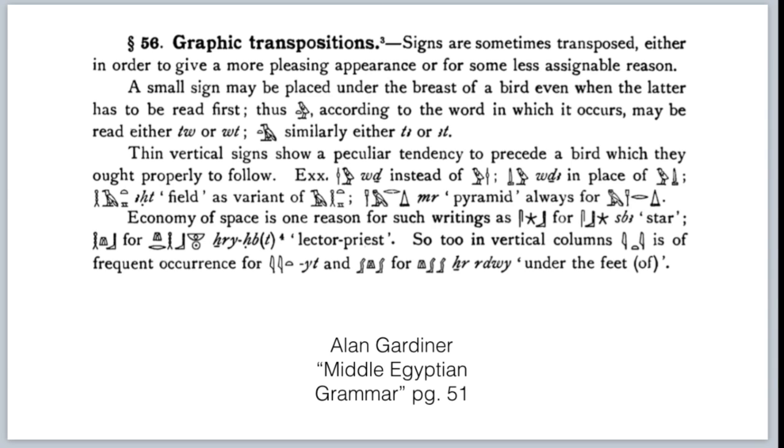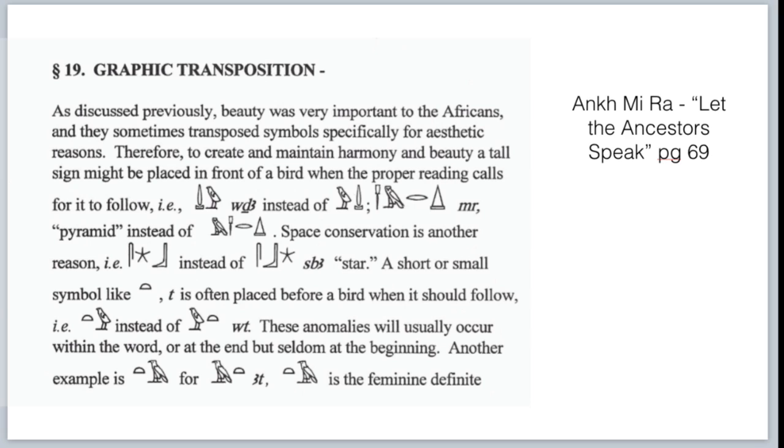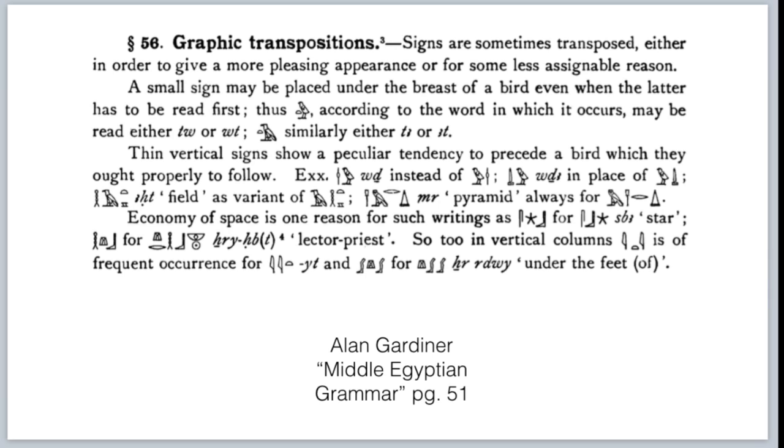And I'm doing this because of the people who always try to pull the social constructed race card that I use Ankh-Mi Ra and compare it to Alan Gardner. He also says the same thing, graphic transposition. Signs are sometimes transposed either in order to give a more pleasing appearance or for some less assignable reason.